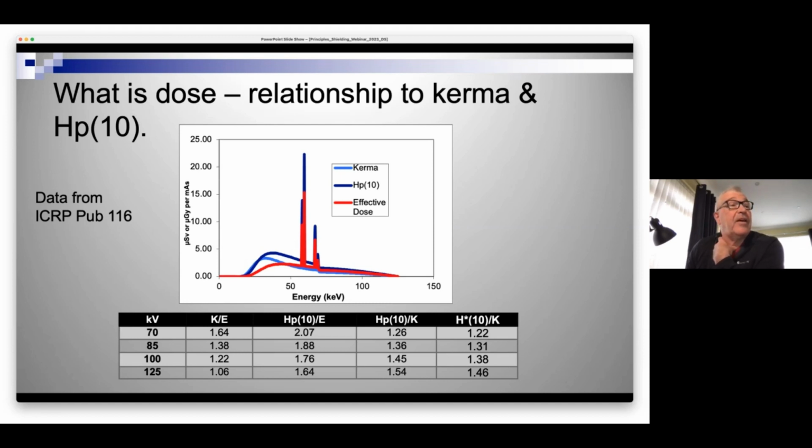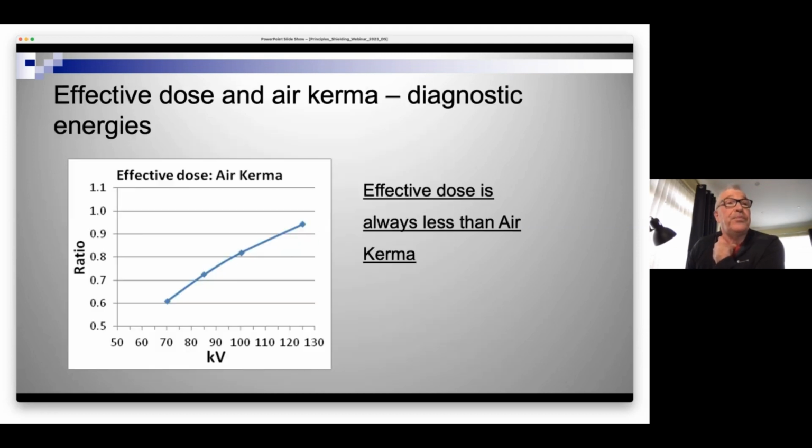And we identified that in all cases, 70, 85, 100, 125 and below, K is always greater than E. So kerma is always greater than E. As you'd expect, HP10 is always greater than E, and H*10 is always greater than E. So the take-home message is effective dose is always less than air kerma at diagnostic X-ray energies.